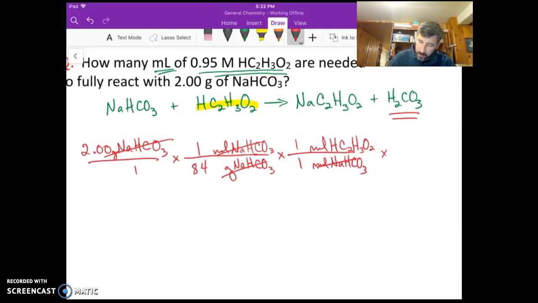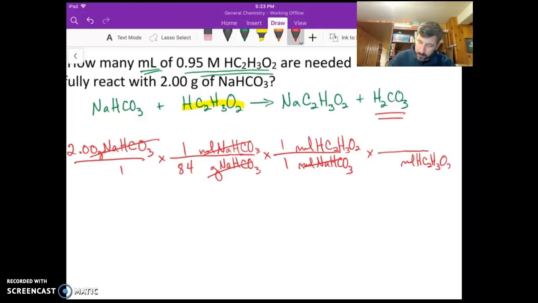All right, now we're going to go from moles HC2H3O2 to liters of it. And this is where my molarity comes in. 1 liter is 0.95 moles. And then we're not ready for the equal sign just yet. We have one more step because we have to go to milliliters.